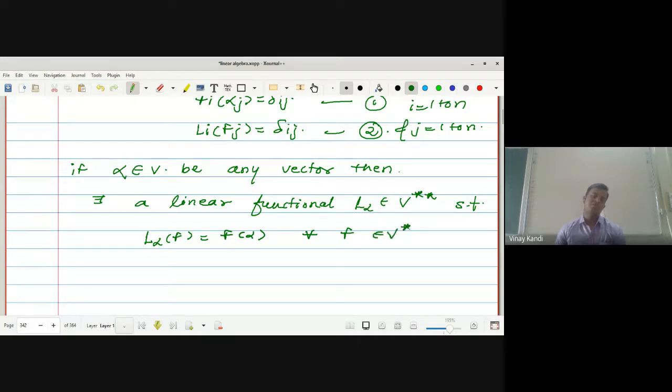Not V double star, V star, because L alpha is the functional from V star to F. We proved this one.